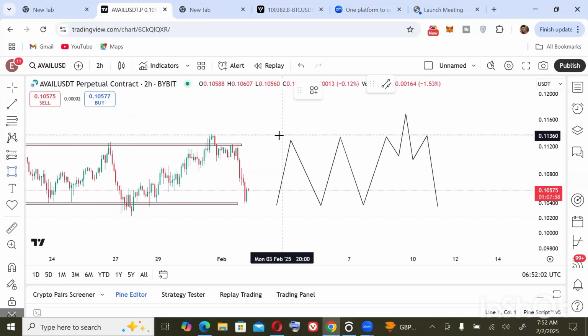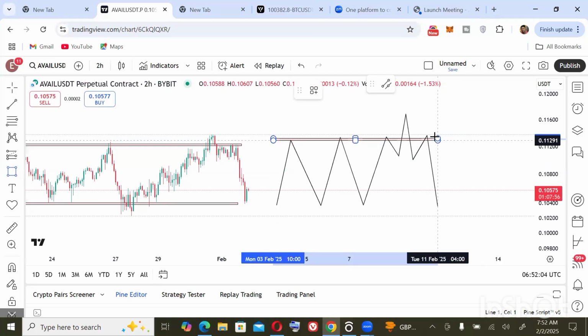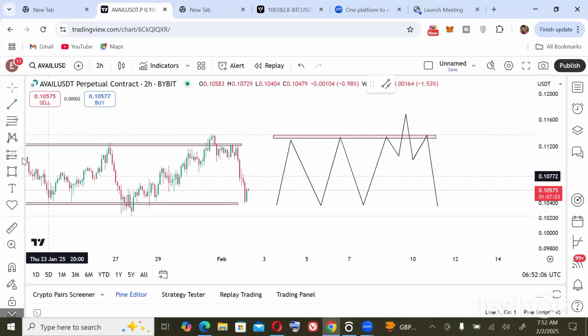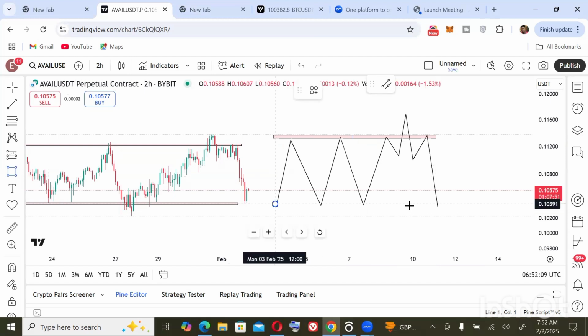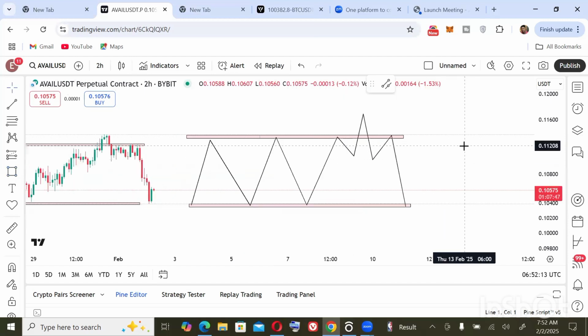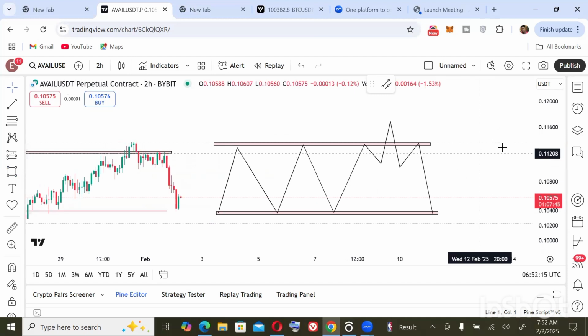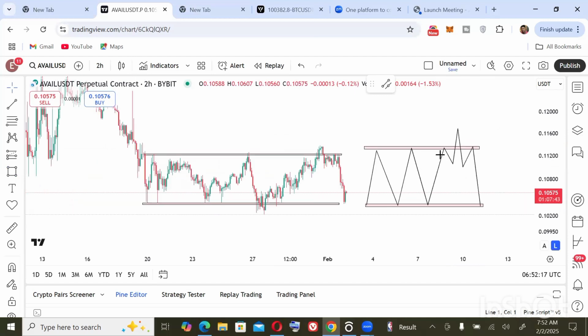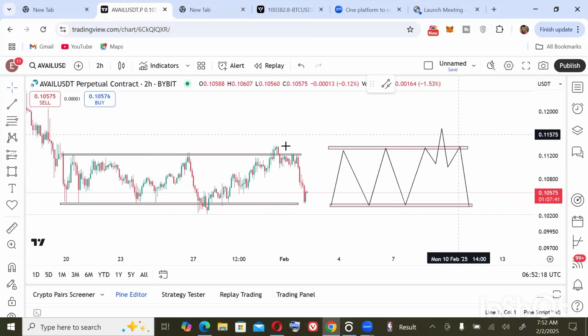Practically, this would be the range high, and this would be the range low.